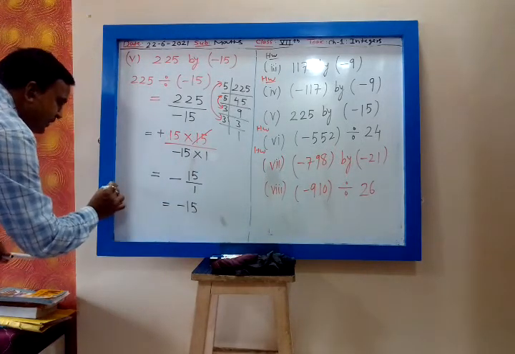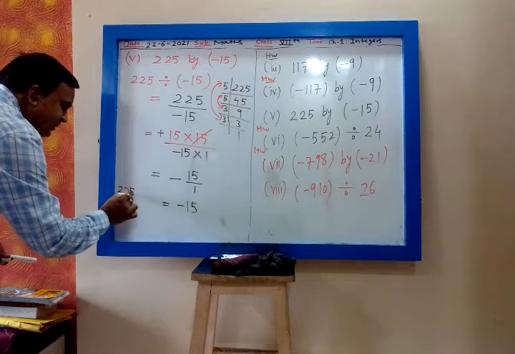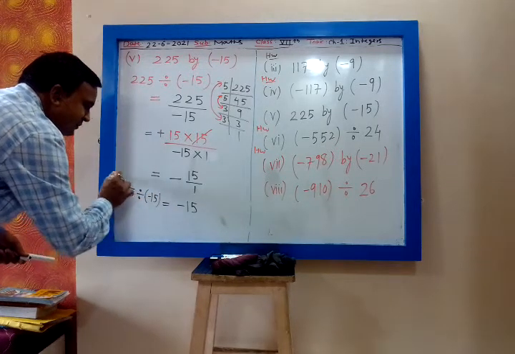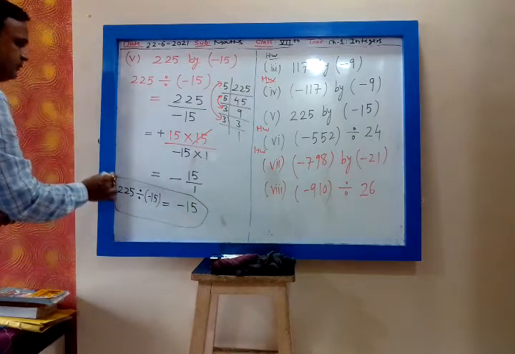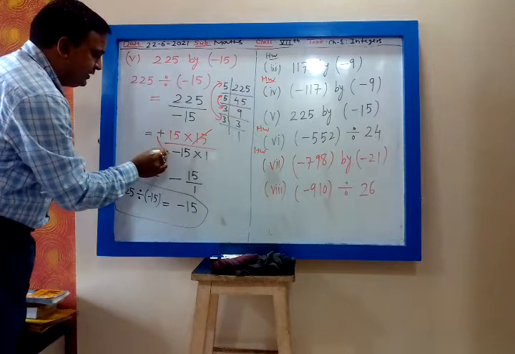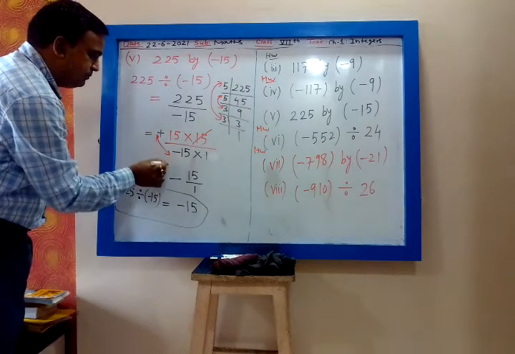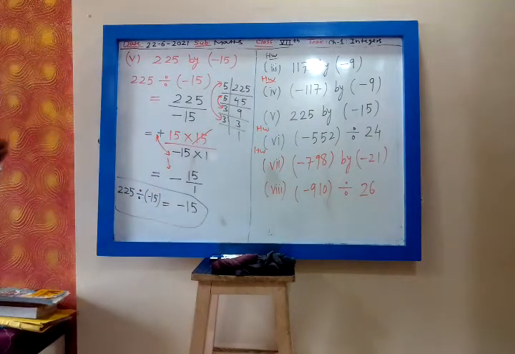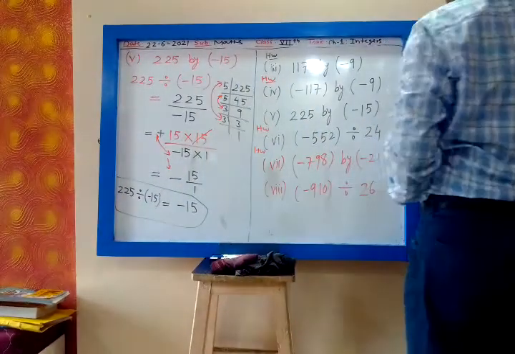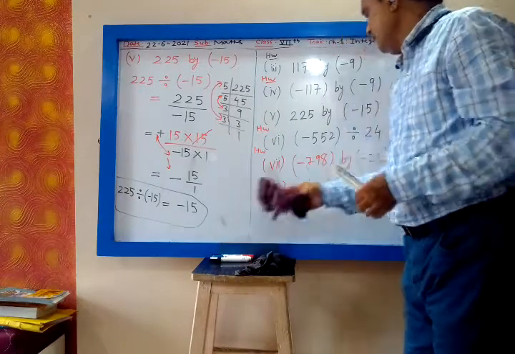So the answer is 225 divided by minus 15 is minus 15. So that sign is important, my dear. Plus upon minus will be minus. That number you can cancel, but you have to be careful about sign.